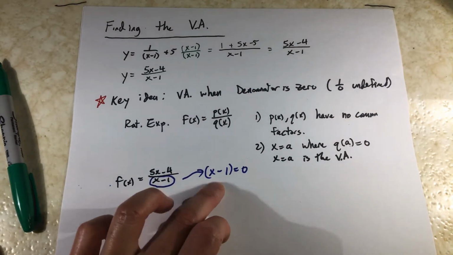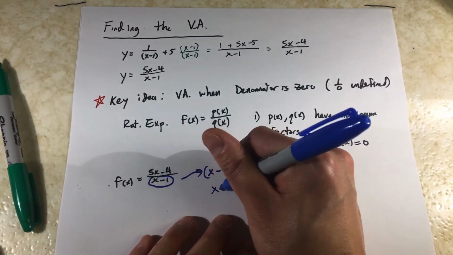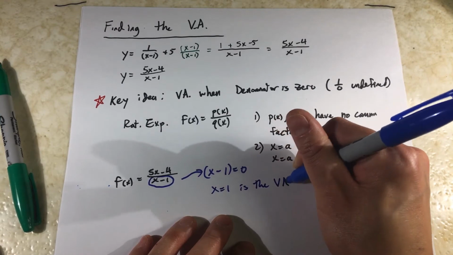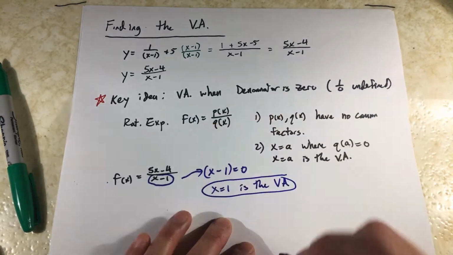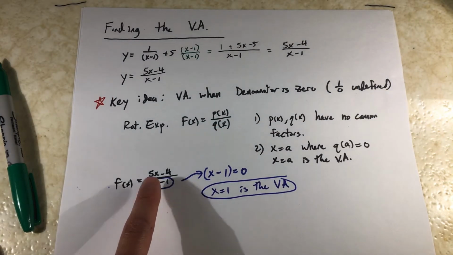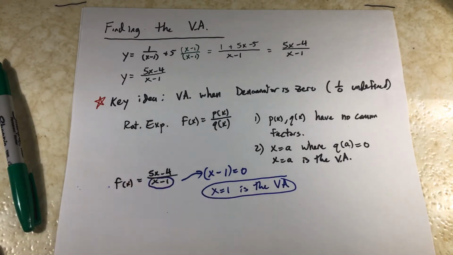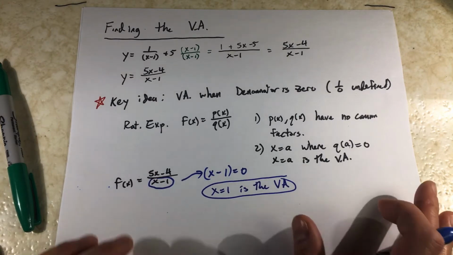You can just add the 1 to the other side, and you have x equals 1 corresponds to the vertical asymptote. So when x equals 1, the denominator is 0, the numerator is not 0, and that corresponds to our vertical asymptote. Okay?